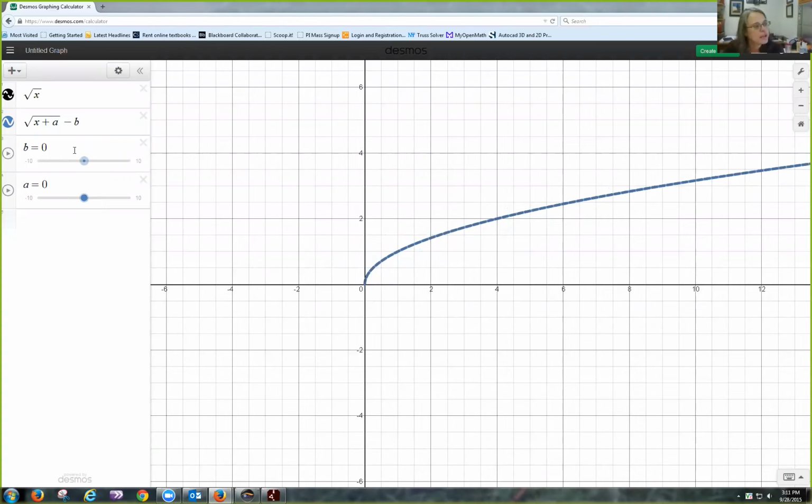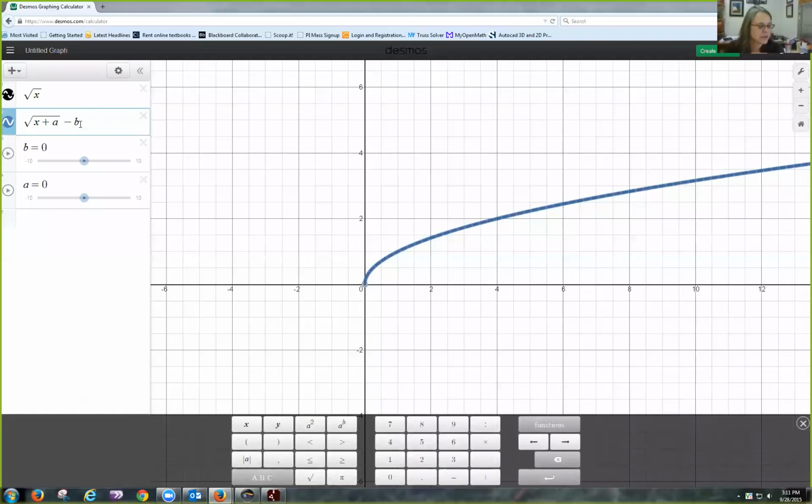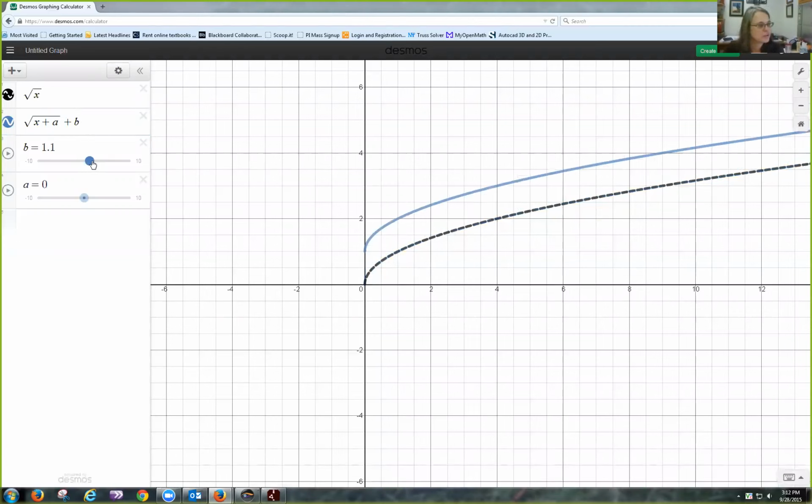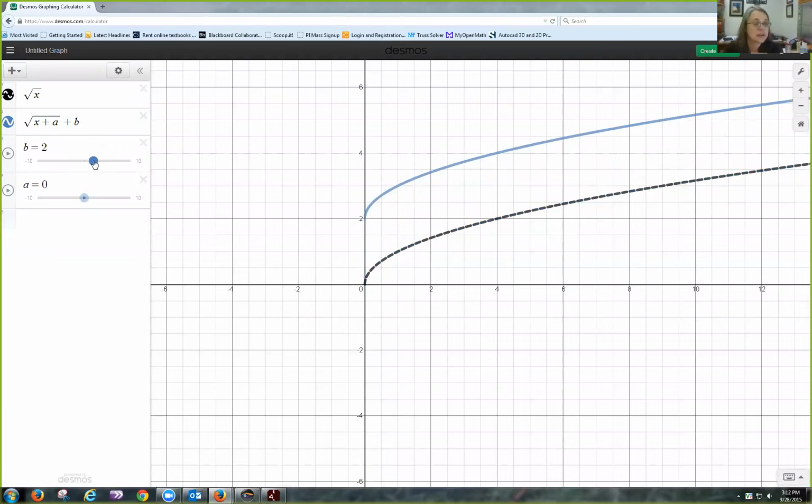Now, let's play with just the b value. Well, wait, let me make that a plus so it's easier to see. There we go. So if I make b positive, that means I'm going to be adding. So let's add 2. What's going to happen? My graph just shifted upwards 2 units. Same shape.